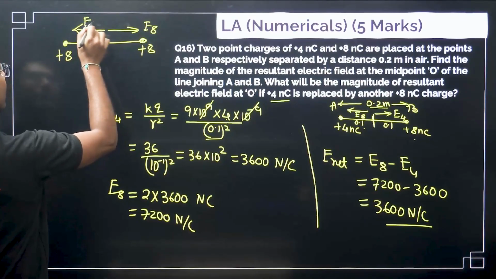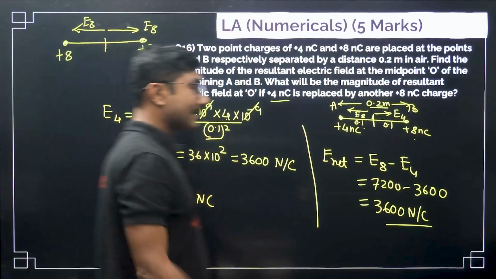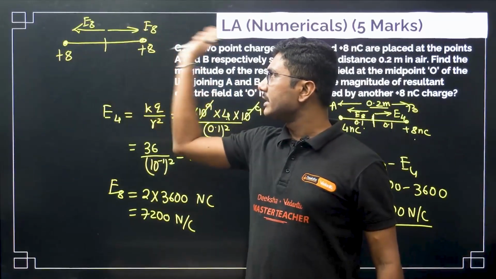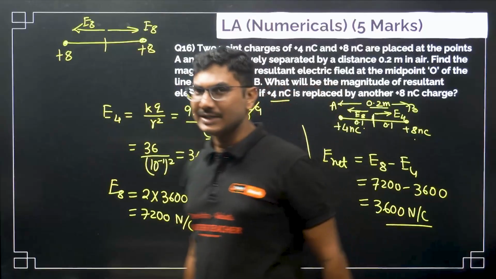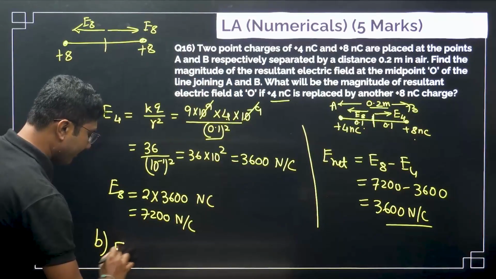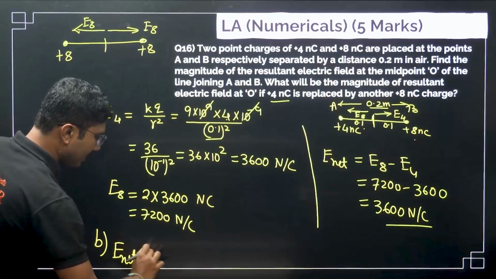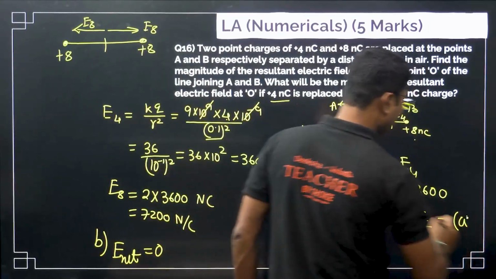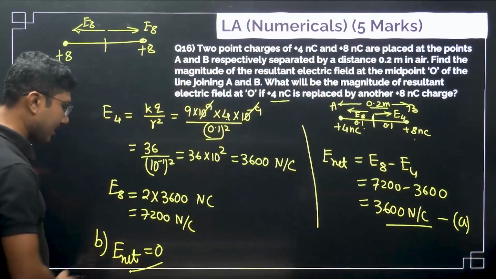So magnitude wise both the electric fields are same but in the opposite direction, so they will cancel each other. So net electric field, part B, will be 0. So this is part A answer, this is part B answer.